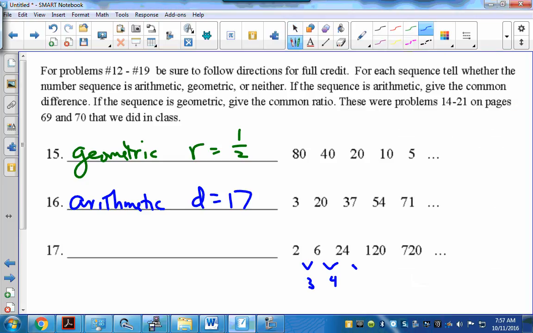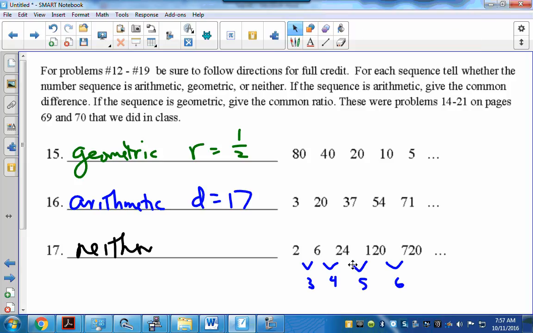So there's a very nice pattern to the ratios, and this happens to be 6. But it's not a common ratio, so this is neither. A nice pattern, it's easy to figure out what's next, but not geometric or arithmetic.